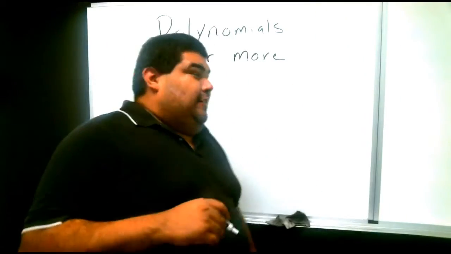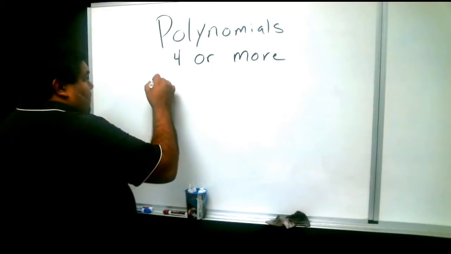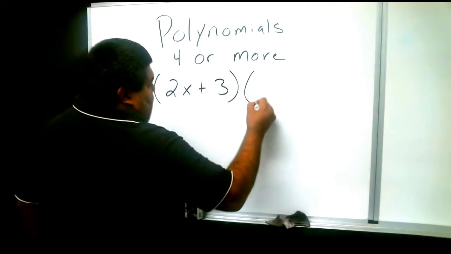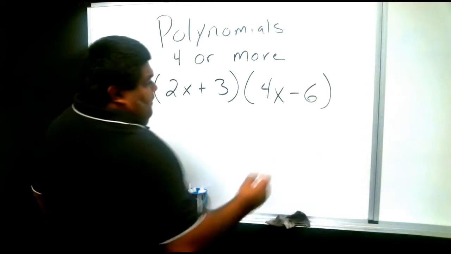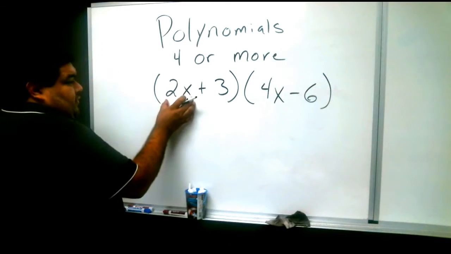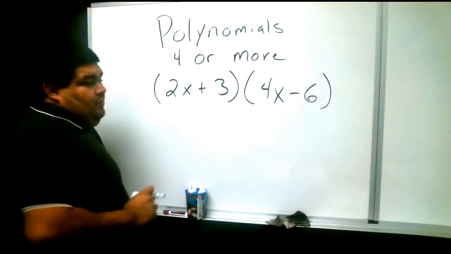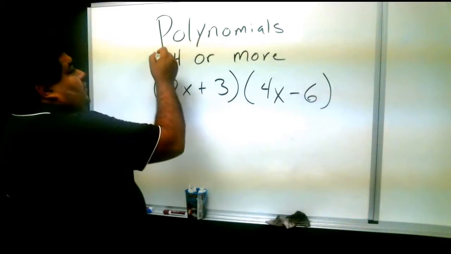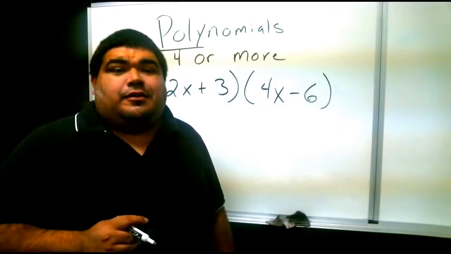This is where we see FOIL. This is what we usually see: 2x plus 3, 4x minus 6. Notice that we have 1, 2, 3, 4. So we have 4 terms. They are called polynomials.